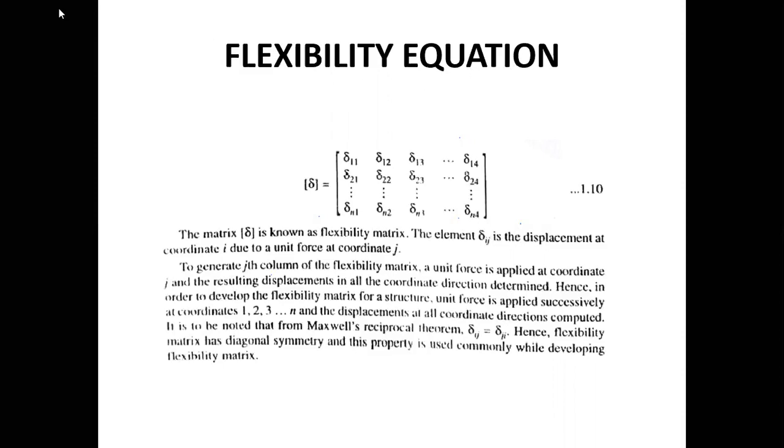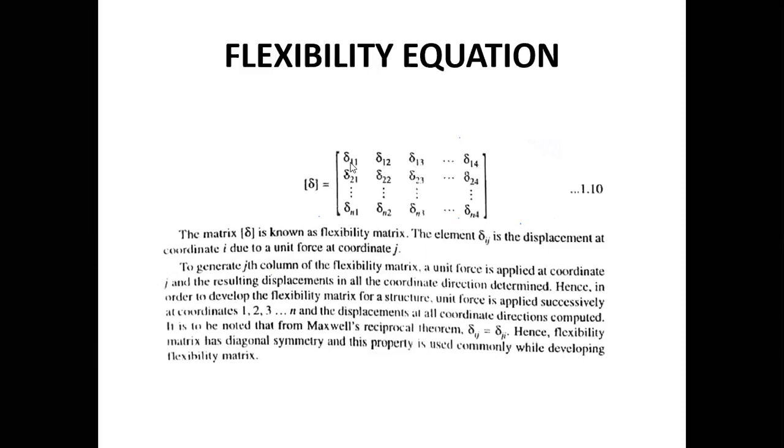This is a simple equation of the flexibility matrix. This is a delta matrix, and the matrix delta is the complete set of each displacement coordinates, say del 11, del 12, del 13, del 14.